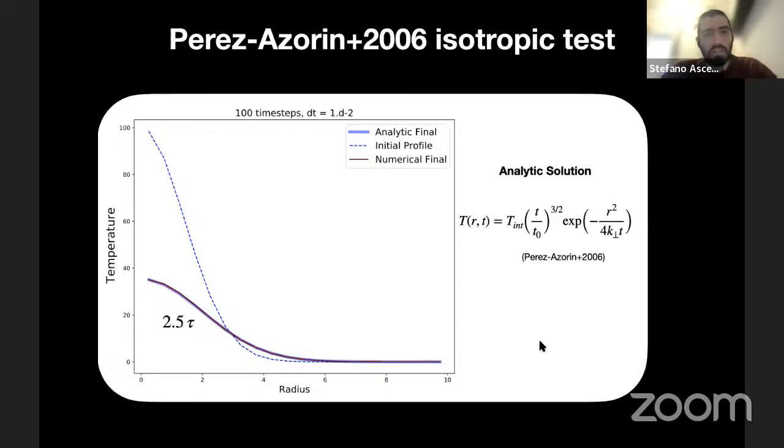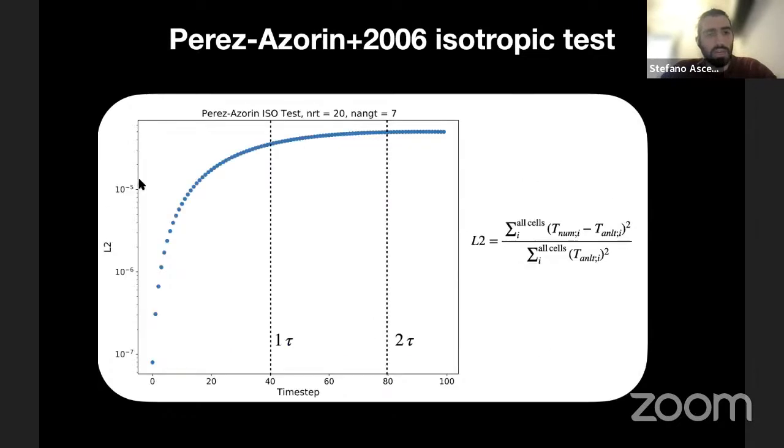But we can see it in a more quantitative way here, where what I show you is the average L2 measure, which is basically a sort of weighted average of the square of the relative error inside the computational domain, the relative error, of course, between the numerical and the analytic solution.